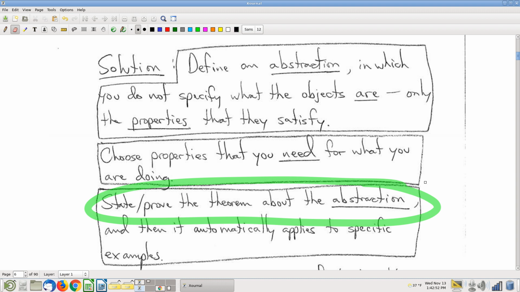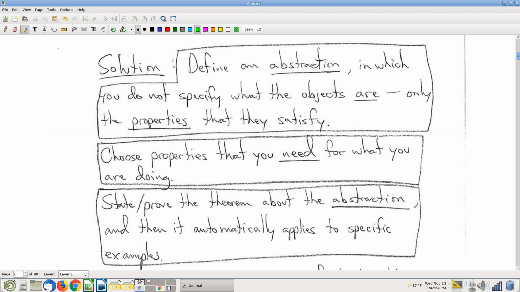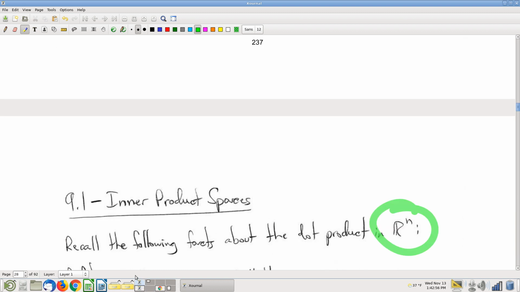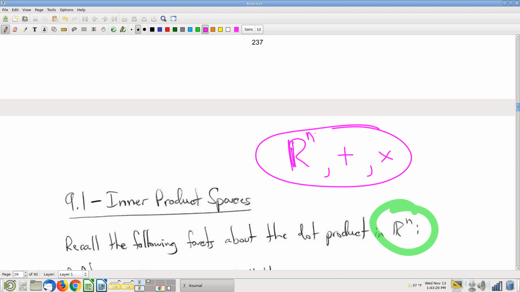Okay, all right. So we're going to repeat that strategy now. Again, we're going to be thinking about Rn, but unlike in the context of vector spaces, where we were looking at Rn, vector addition, and scalar vector multiplication, which nobody writes with the times, but I'm going to do it that way anyway for reasons that you'll see in just a moment. We've got a lot of experience with vectors in Rn that we can add and multiply by scalars.